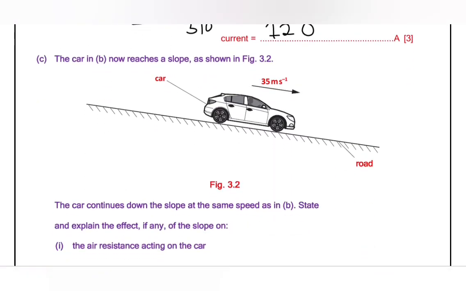Now we move to the next part of the problem, which is C. The car in B now reaches a slope as shown in figure 3.2.